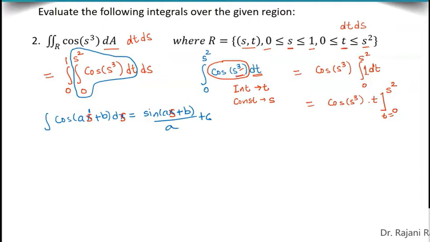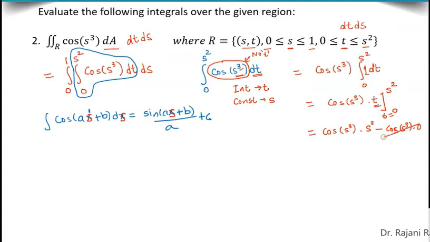If you do not understand it in this way, you can follow the other way that I explained: you are integrating cosine of s power 3 with respect to t and there is no t term, so you multiply by t. Let's complete it. It gives you cosine s power 3 times, once you replace t by s square, minus the value when you replace t by 0.